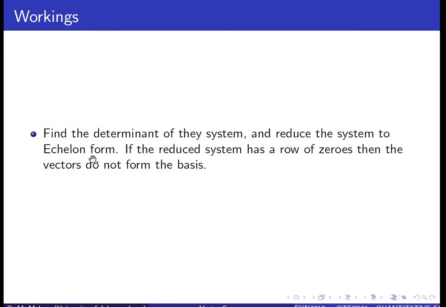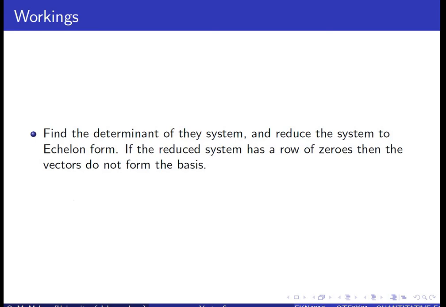This is just a hint in terms of how to approach this problem. If you want to know if the vectors are linearly independent, you find the determinant of the system. Or once you can find the determinant of the system, it means you can reduce such a system to echelon form.